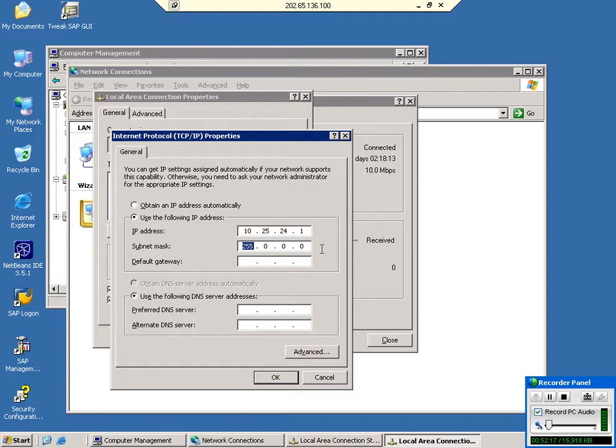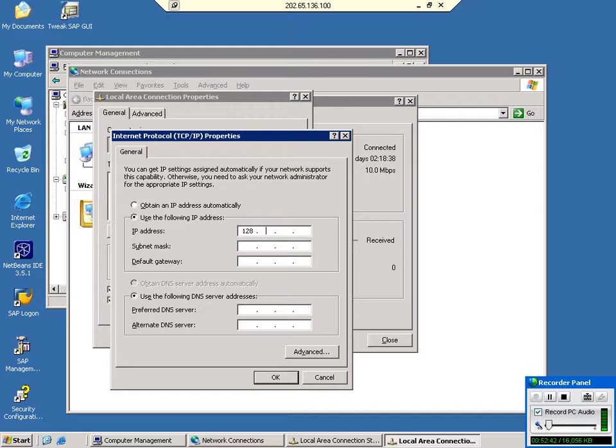By default it is taking 255.0.0.0. See, out of 128, let me take 126. 126 dot any number. 0 cannot be accepted. Still I can see subnet mask as 255.0.0.0.